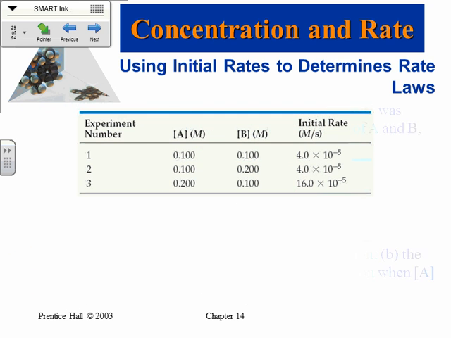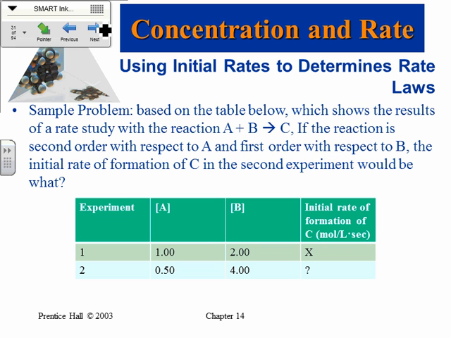Okay, next. Just a couple other types of questions here. Based on the table below, which shows the results of a rate study with the reaction A plus B yields C, if the reaction is second order with respect to A and first order with respect to B, the initial rate of formation of C in the second experiment would be what?